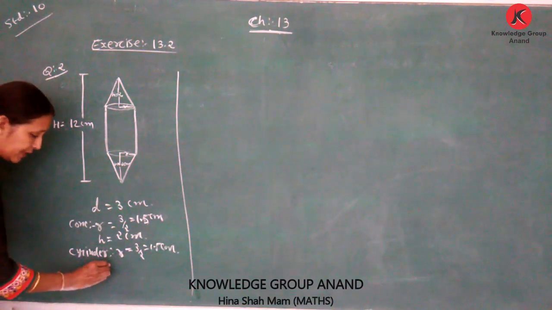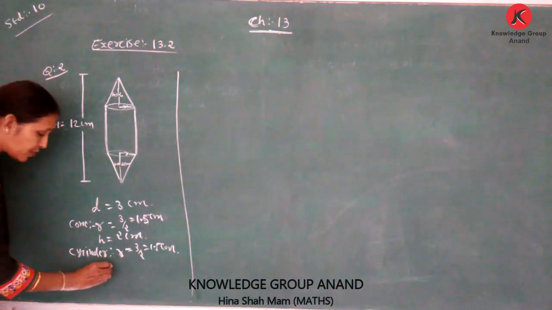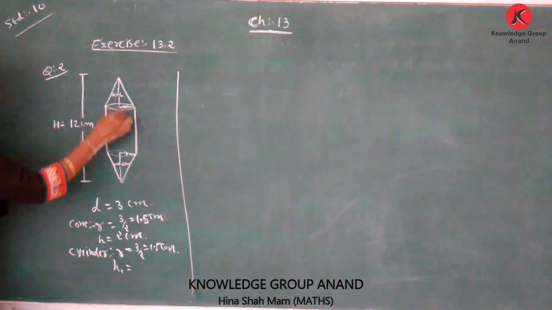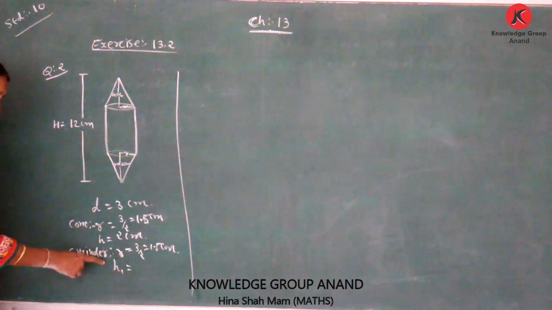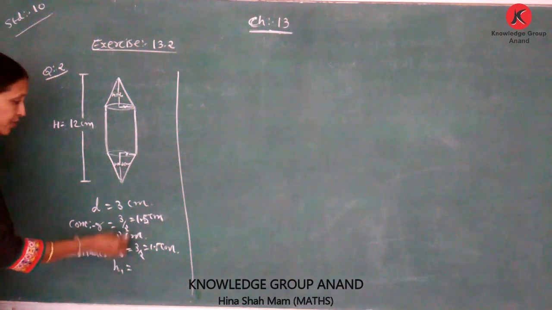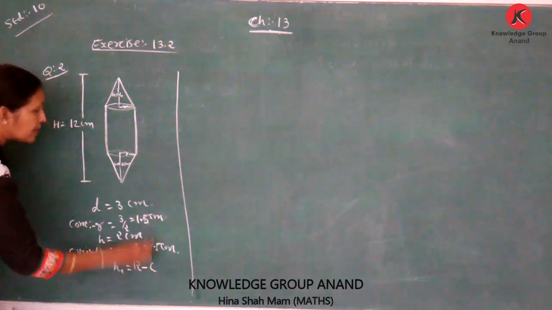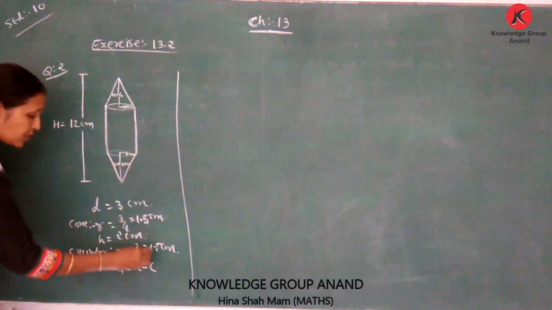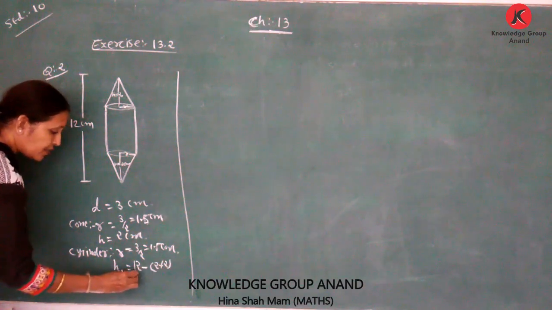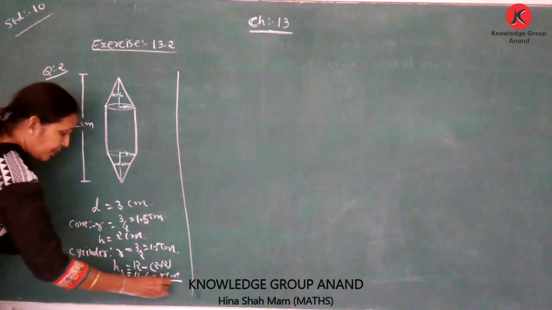The height of the cylinder we denote as h1, capital H being the total height and small h the cone height. Therefore h1 is equal to 12 minus (2 plus 2), which is 12 minus 4, equals 8 centimeter.